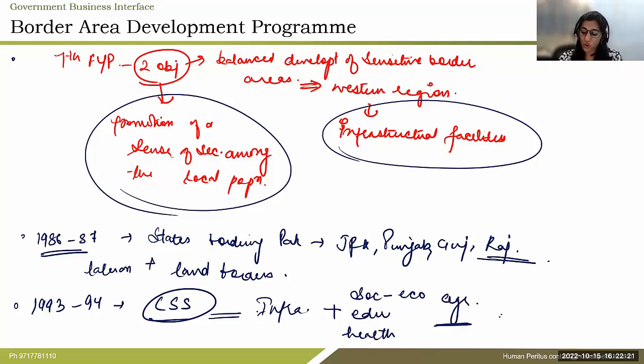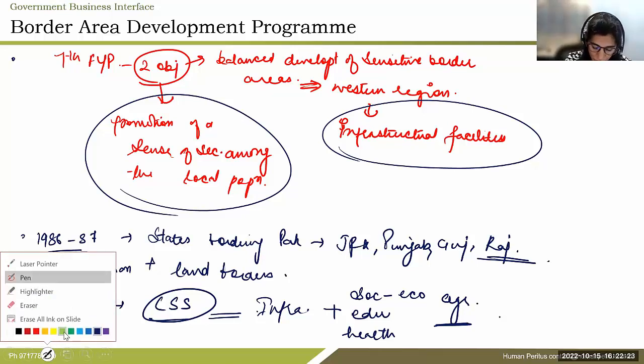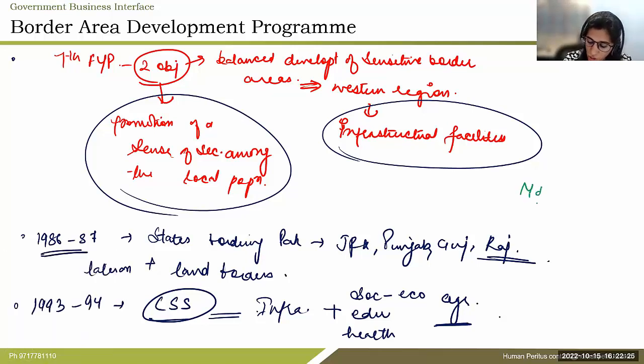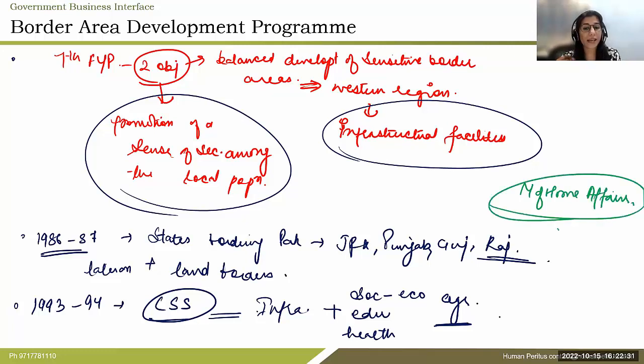All right. And which ministry is actually responsible for this? Ministry of Home Affairs is responsible for overall monitoring and implementation of this program. Initially, this was for the western region such as J&K, Punjab, Gujarat, Rajasthan, but now even the northeastern states are being covered, such as Arunachal Pradesh, Assam, Meghalaya, Manipur, Mizoram, Nagaland.